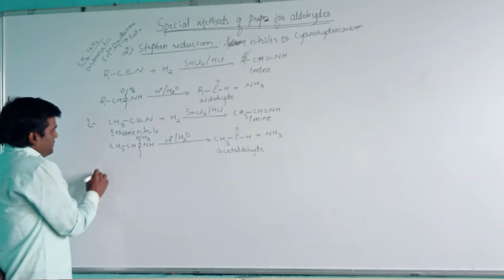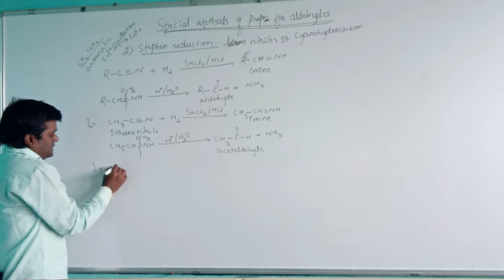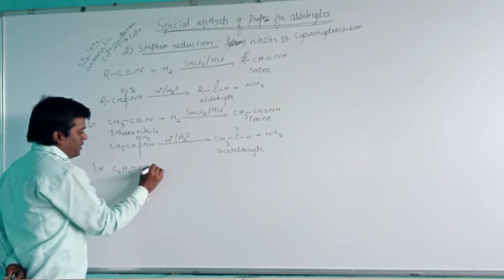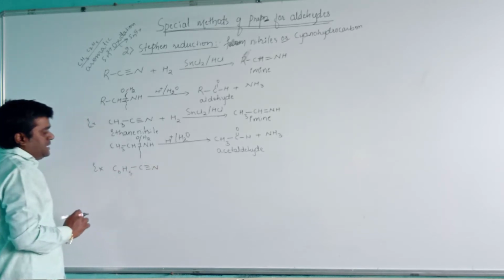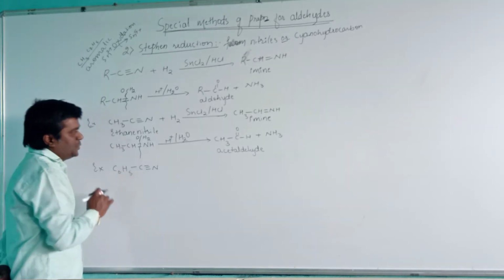Then next example, that is C6H5 C triple bond N. That is a benzene aromatic compound attached to the cyanide group.